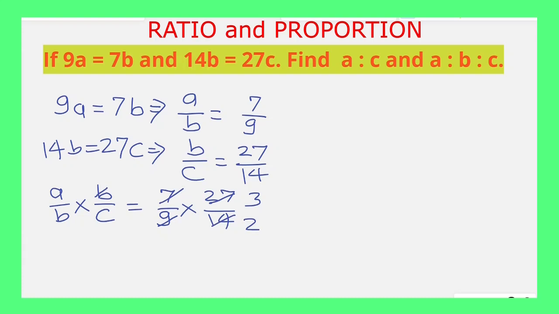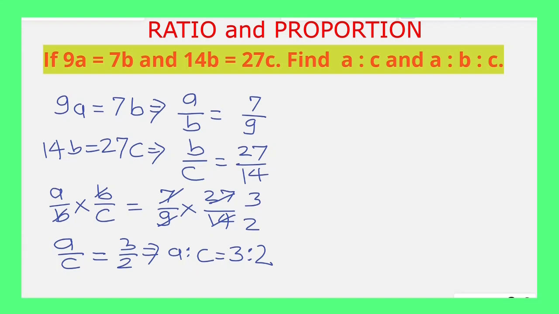And b cancels b on left hand side and we get a upon c equal to 3 upon 2 or a ratio c equal to 3 ratio 2. This is the first part of our answer. It was asked to us what is a ratio c, then a ratio c is 3 ratio 2.